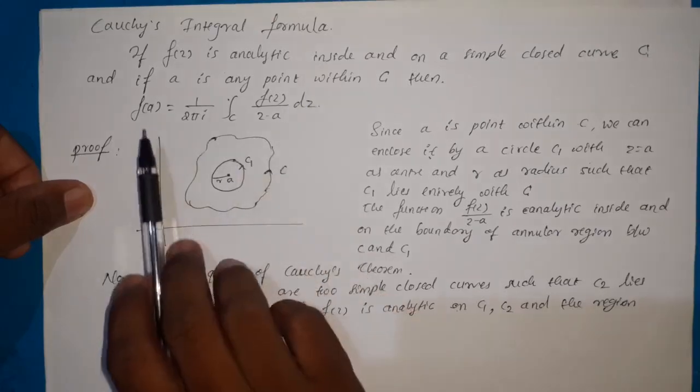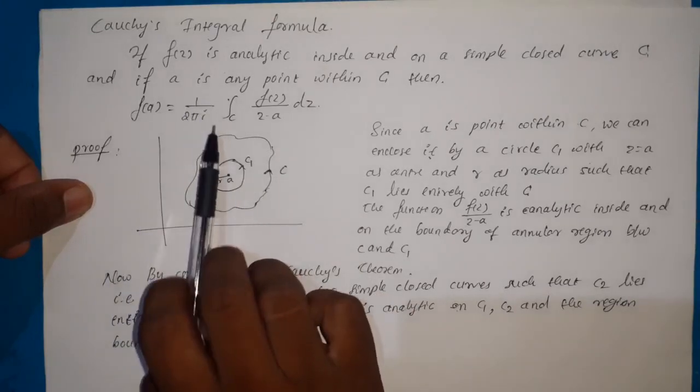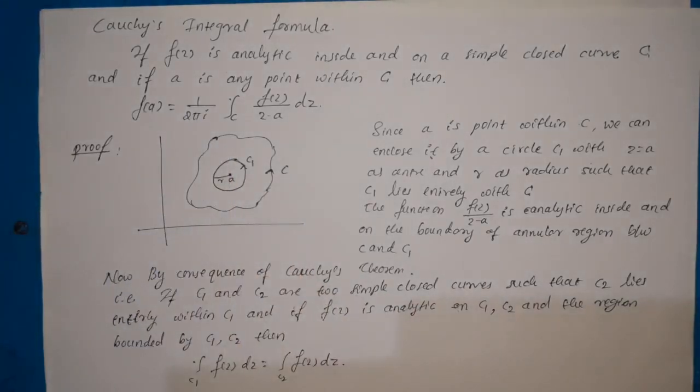So here the value of the function at the point A is equal to 1 divided by 2 pi i into integration over C f of z divided by z minus A into dz.